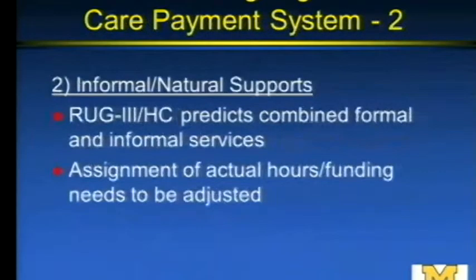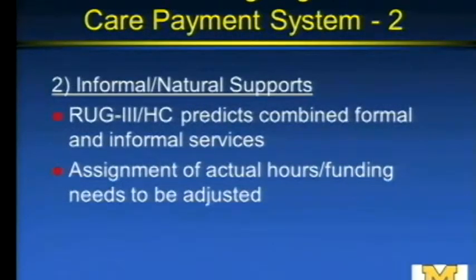Next slide. The second issue is around informal supports or natural supports. And it's an interesting problem with this part. We find that when we try to predict resource use, if we just predict formal services, we don't do very well. Nothing explains it.